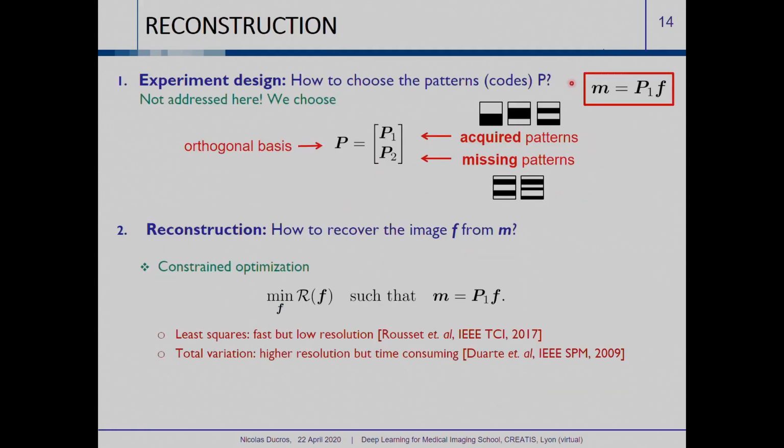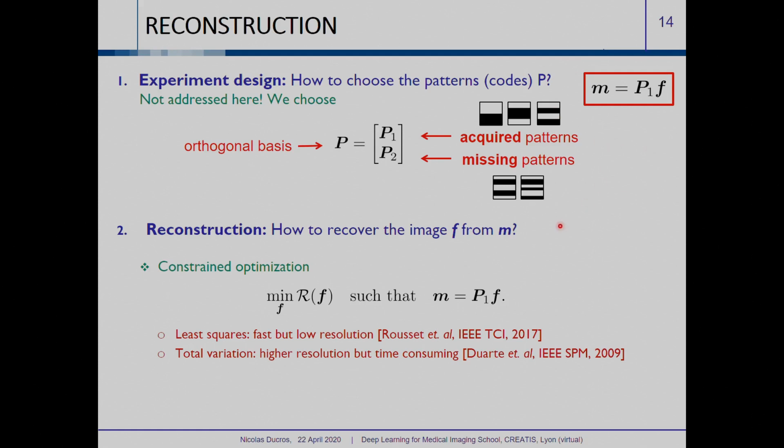Our problem is the following. We want to invert this linear system M equals P1 F, where P1 is the forward model. P1 represents the patterns that we acquired. Those patterns are taken from an orthogonal basis, such as the Hadamard basis, but the patterns denoted P2 are not acquired, to save time.